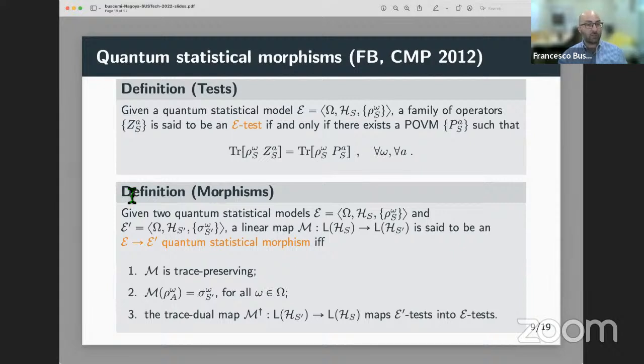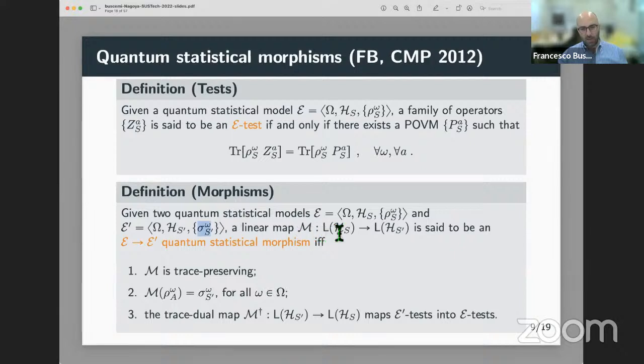And then another definition is that of morphisms, which are like tests. They are a slight relaxation of the notion of positive maps, linear maps. So given two quantum statistical models E and E prime, so you see that the Hilbert space can change together with the states, rho omega versus sigma omega.